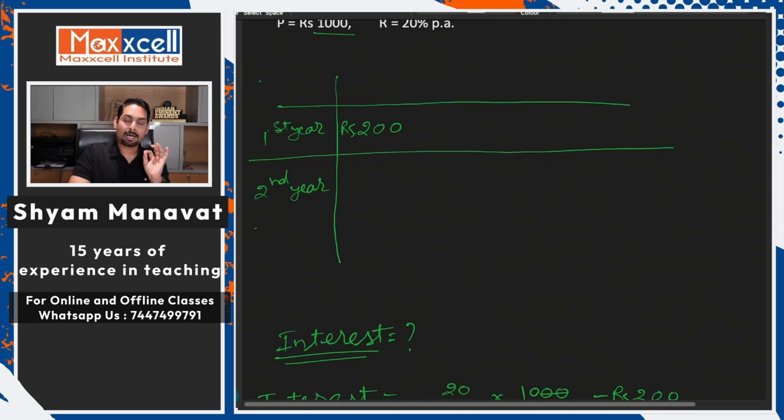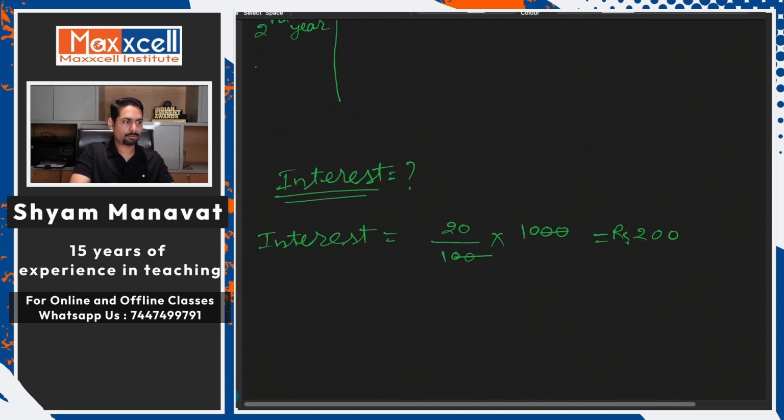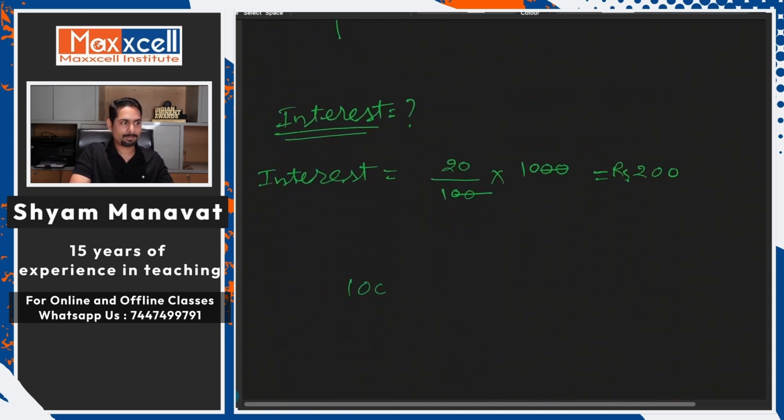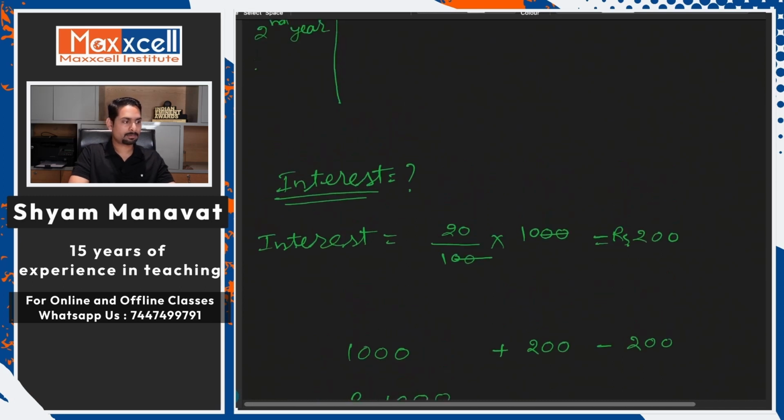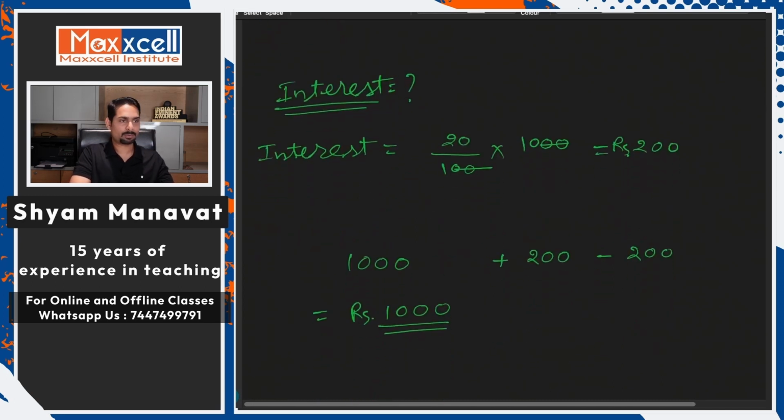So how much money do you have in the bank now? You had 1000 rupees on which you got 200 rupees as interest, which you have withdrawn. So how much money is left in your bank account, in that FD? Again 1000 rupees, correct?